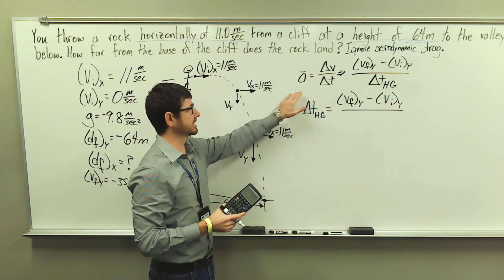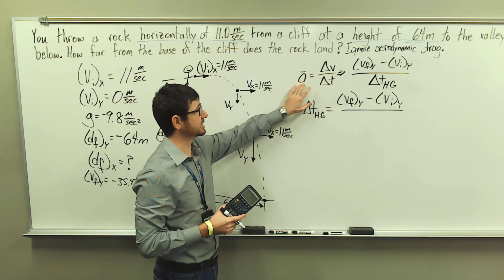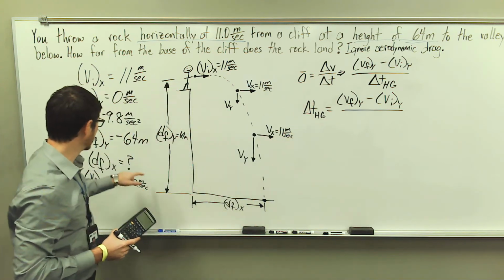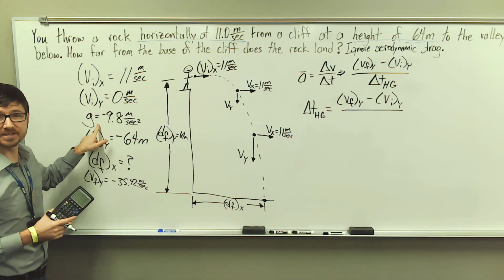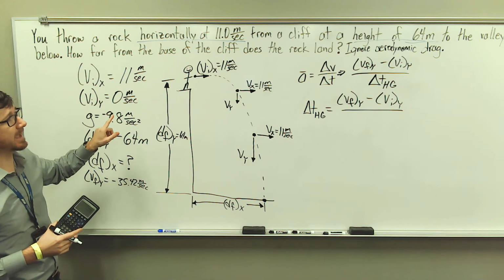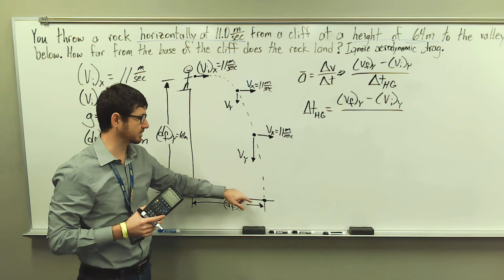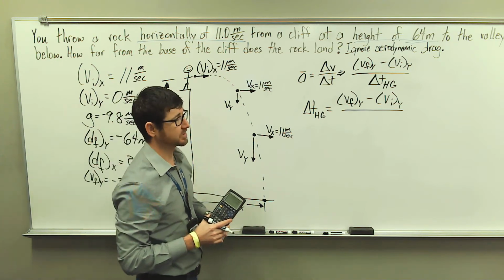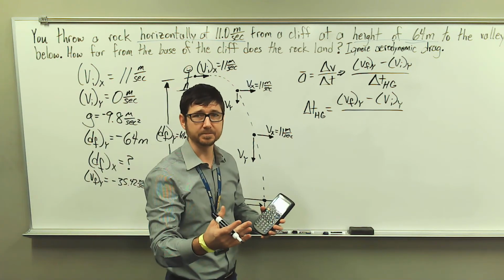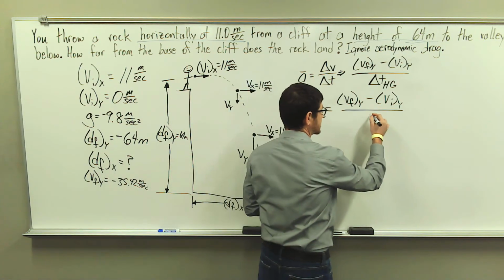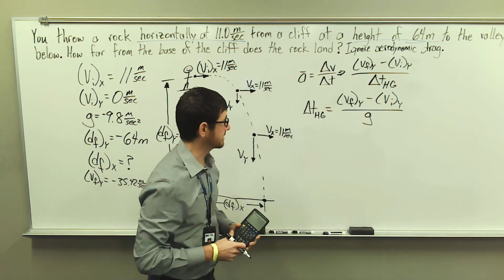Now, I want to be a little bit more specific here than a bar. I want to put the variable g here because we know that the rock is accelerating towards the surface of the earth at the acceleration due to gravity, negative 9.8 meters per second squared. So there we go, right there.